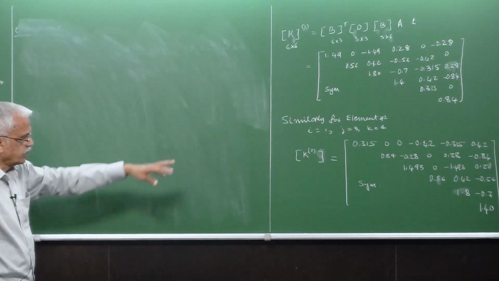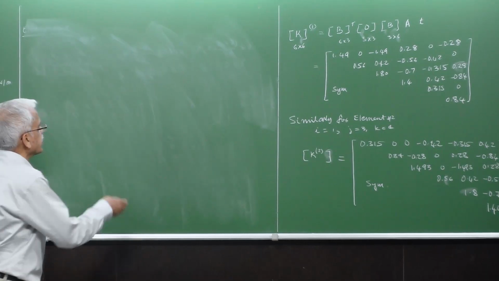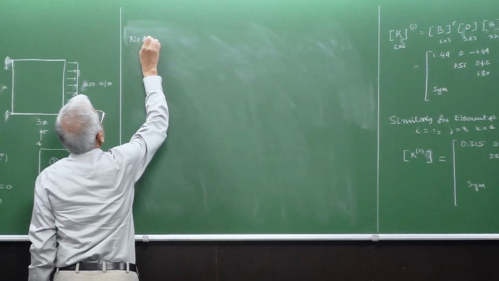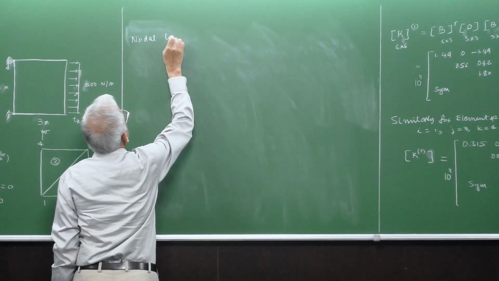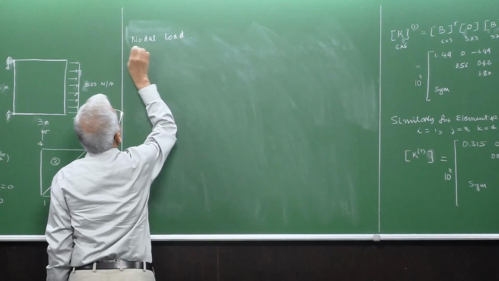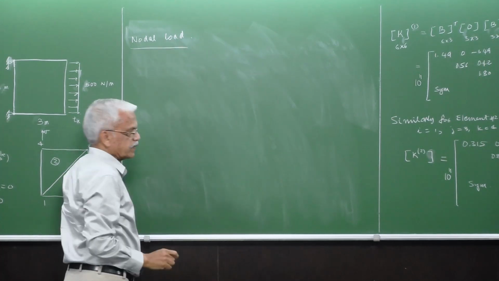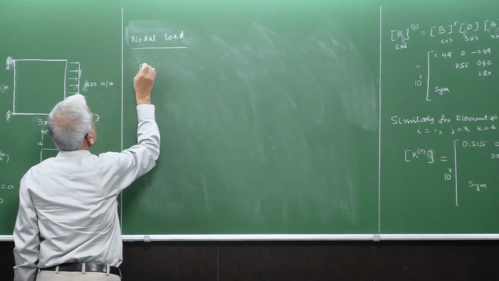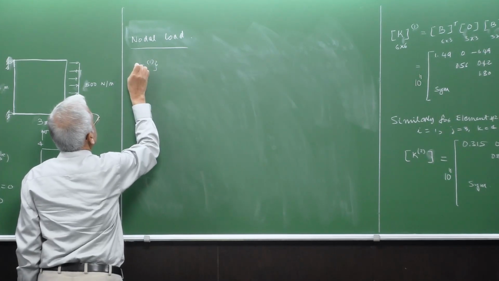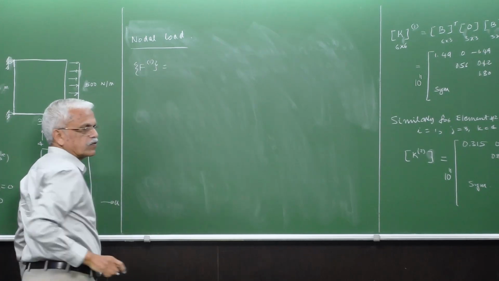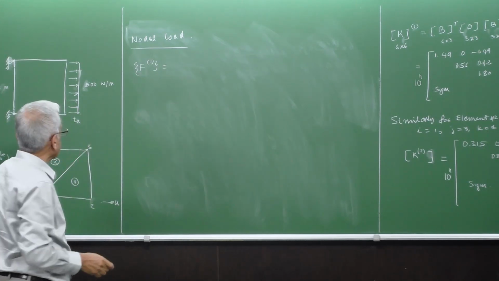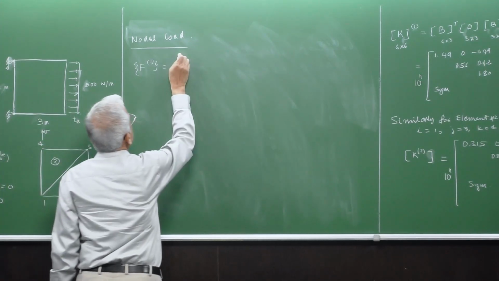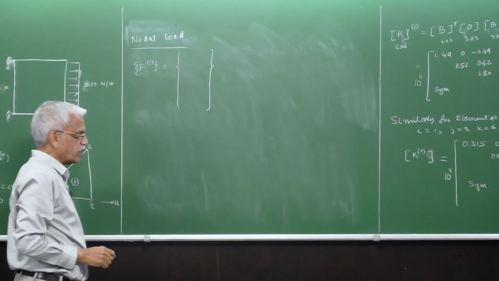So let's just assemble this nodal load. Nodal load vector here, and for the element 1, so this is IJK. So this is very easy. So this is 1, 2, 3 here.